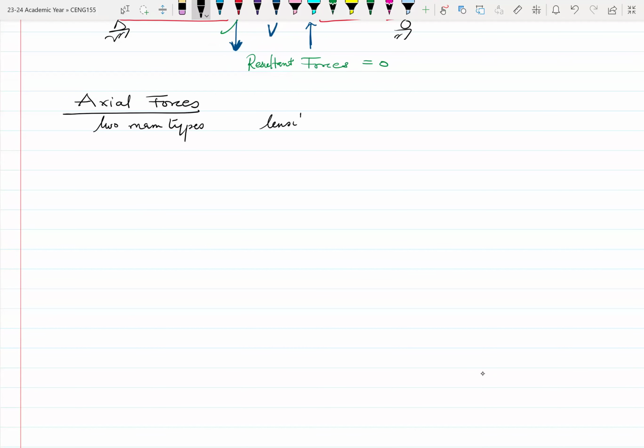We have tensile and then we have compressive. If for the same beam I have a force acting this way, so it's trying to push towards the beam, this is what we call a compressive axial force.